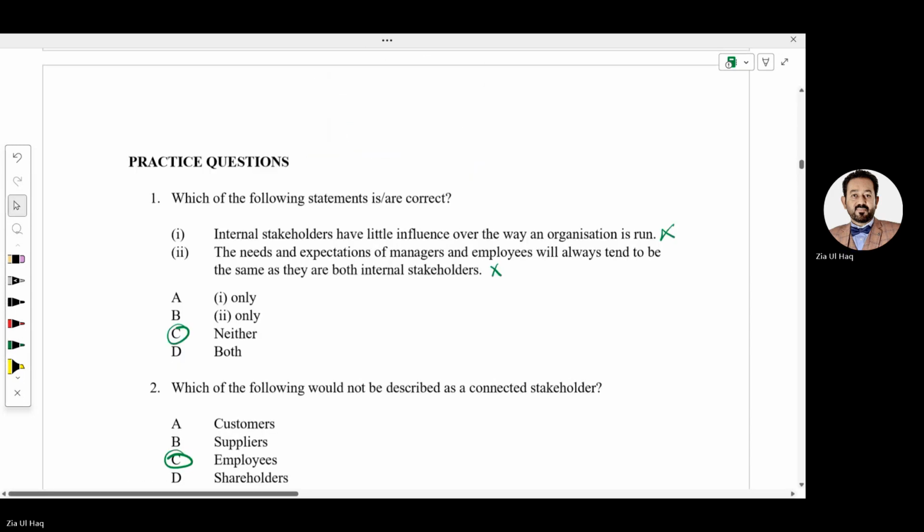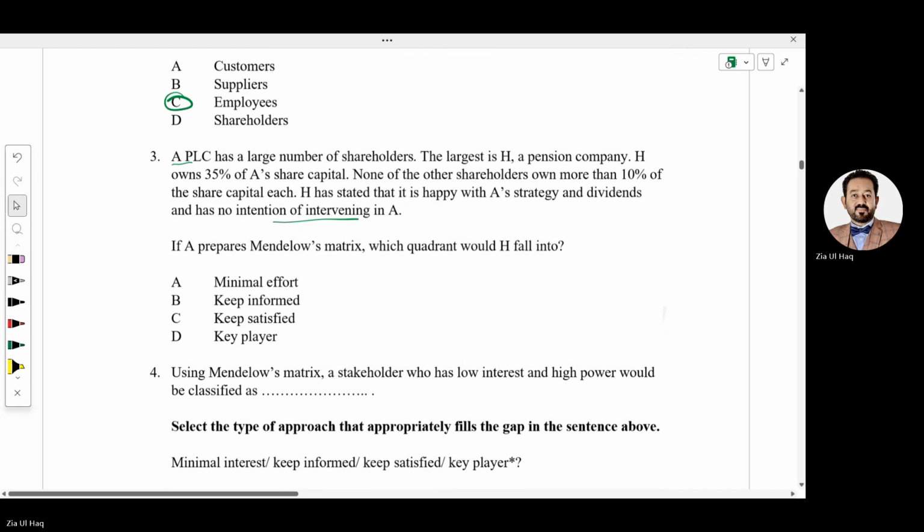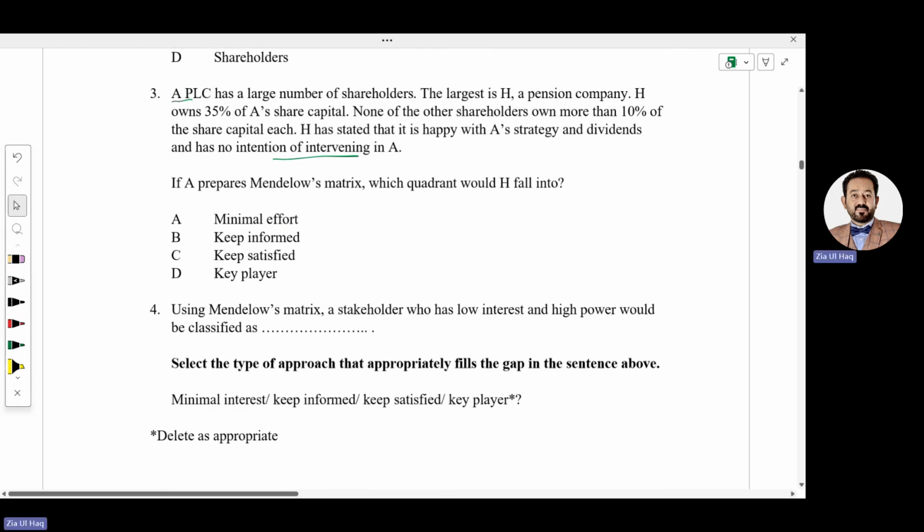So here, who is he? Keep satisfied. Sure. Because of high power, being a major shareholder with 35%, but not taking interest in the organization because he is happy with everything, not trying to intervene or affect.